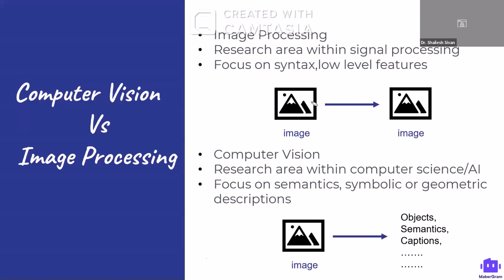All those things are what? Image processing. But in computer vision, instead of transforming one image into another image, we focus on getting the semantics, meanings, symbols, or any interpretations from the input visual, to understand that image in a better way. Clear?